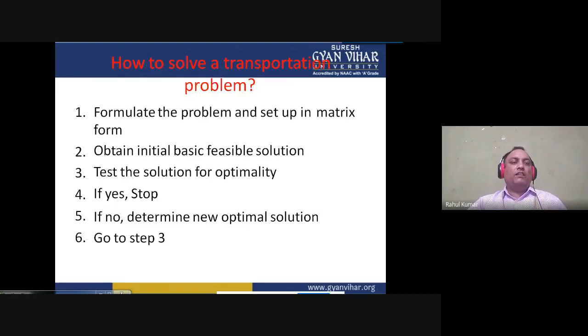So how to solve this problem? We can solve it with different methods. First, you find the initial basic feasible solution, then check the solution for optimality. If yes, then stop. If no, then determine the optimal solution and go to the next step. This will depend on your method. Five methods are present here to solve this type of problem.